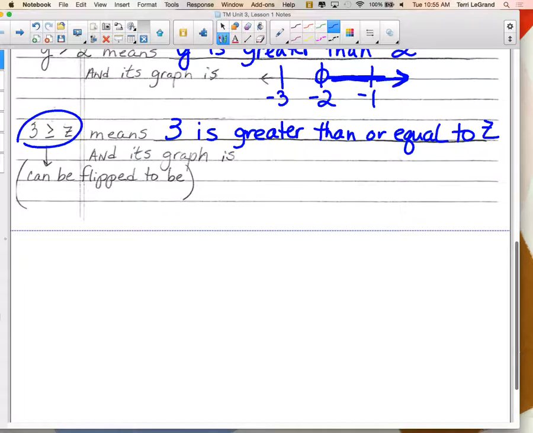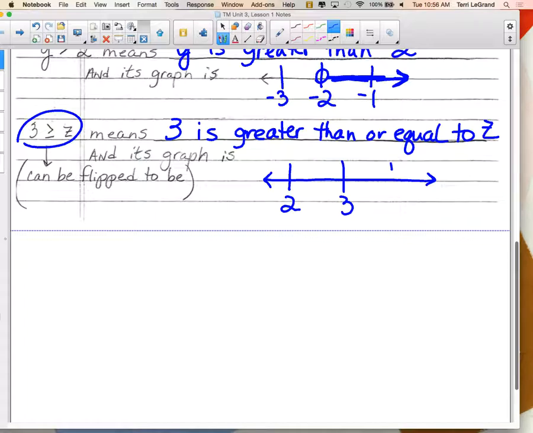Well, let's just try to graph it before we rename it. See if we can do it. What's the tick mark we want in the middle? 3. Integer neighbor to the left. 2.